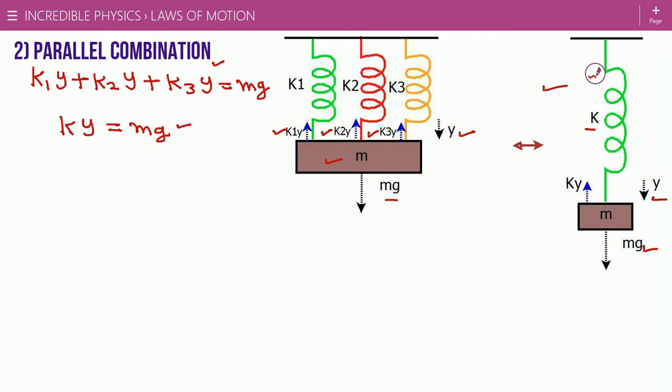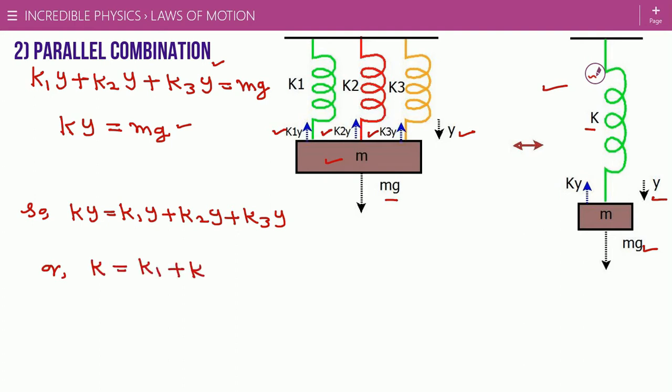We can say that ky equals k1y plus k2y plus k3y, or simply k equals k1 plus k2 plus k3. This is the formula to find the equivalent spring constant if the springs are connected in parallel combination.